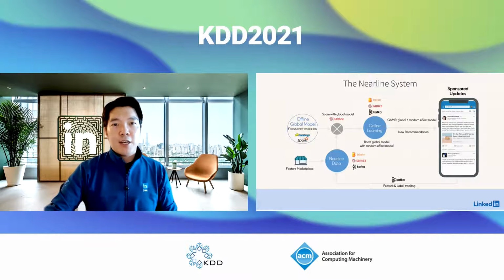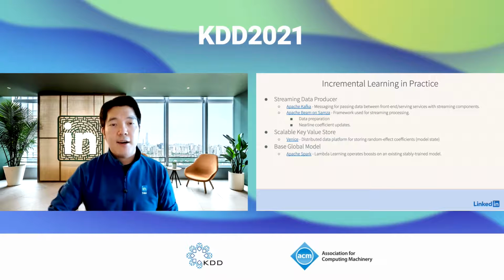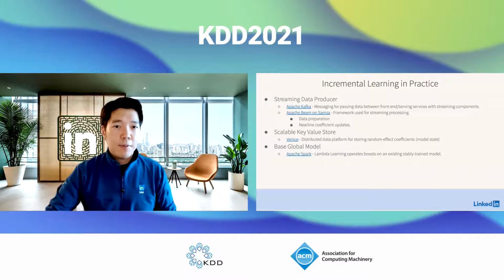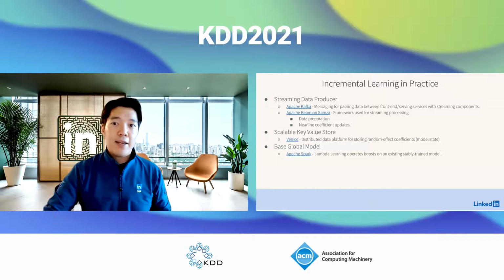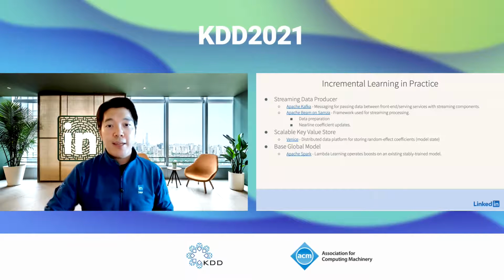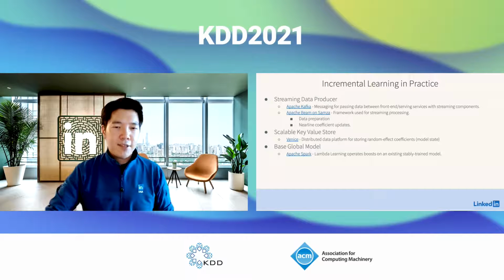Our nearline infrastructure is dependent on three major components, which are built atop a variety of technologies, many of them open sourced. The first is a streaming data producer, which combines front-end and back-end tracking events to produce training data. This is powered by Apache Kafka, a distributed messaging system, and Apache Samza, which is a stream processing framework.